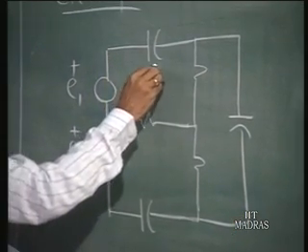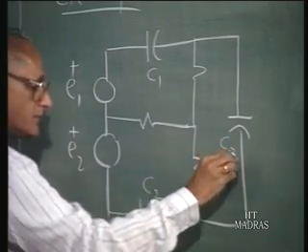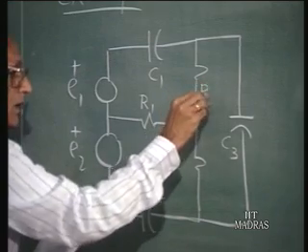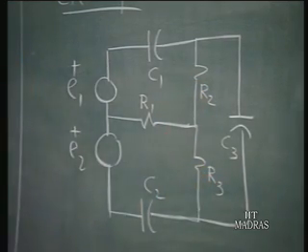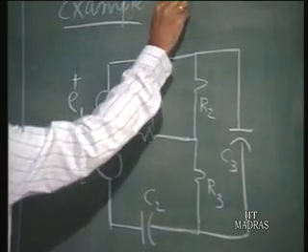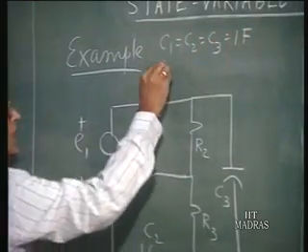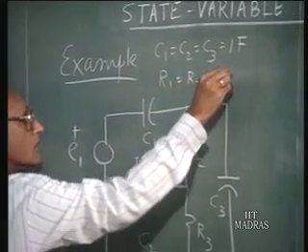Let this be C1, this is C2 and this is C3, and these be R1, R2 and R3. To simplify numerical work, let us take C1 equals C2 equals C3 equals 1 farad and R1 equals R2 equals R3 equals 1 ohm.